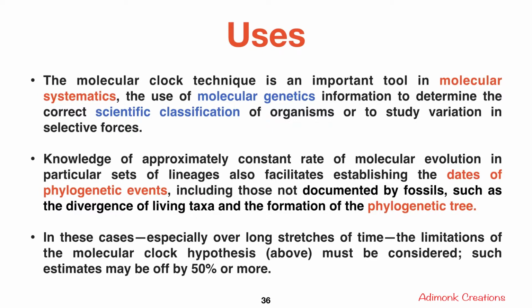Knowledge of an approximately constant rate of molecular evolution in particular sets of lineages also facilitates establishing the dates of phylogenetic events, including those not documented by fossils, such as the divergence of living taxa and the formation of the phylogenetic tree. In these cases, especially over long stretches of time, the limitations of molecular hypotheses must be considered because such estimates may be off by 50% or more.